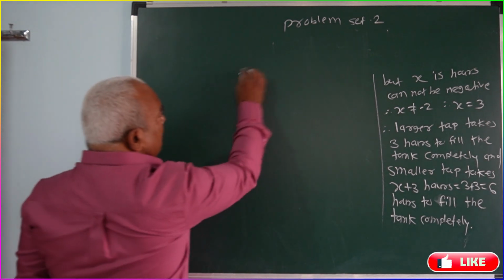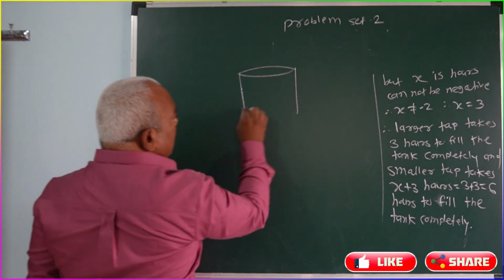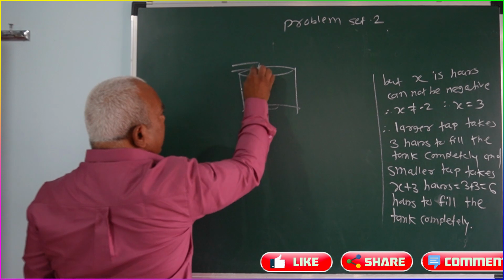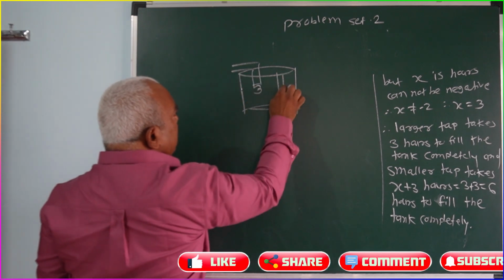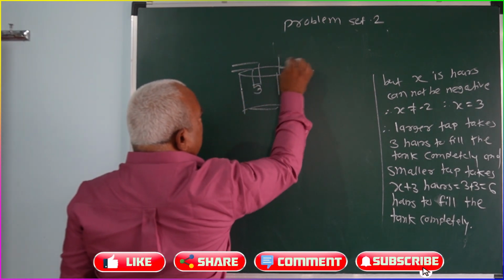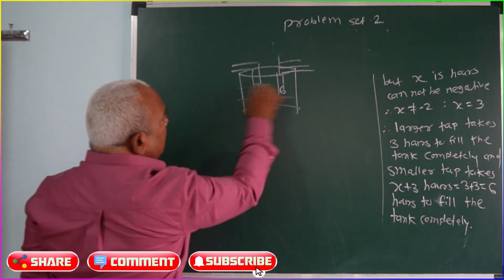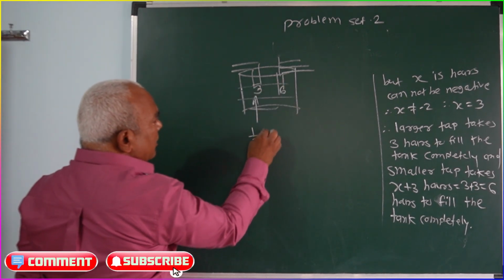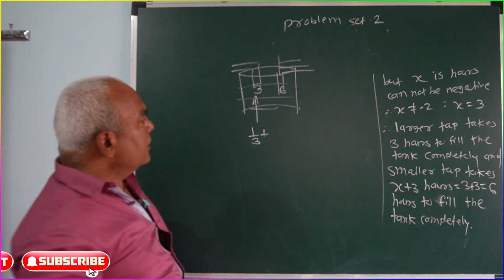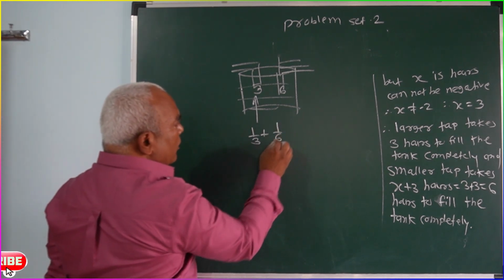See now here, this is the tank. The larger tap takes 3 hours, the smaller tap takes 6 hours. This means in 1 hour the larger makes a third part, 1 upon 3. The smaller tap makes 6 parts, meaning in 1 hour, 1 upon 6.